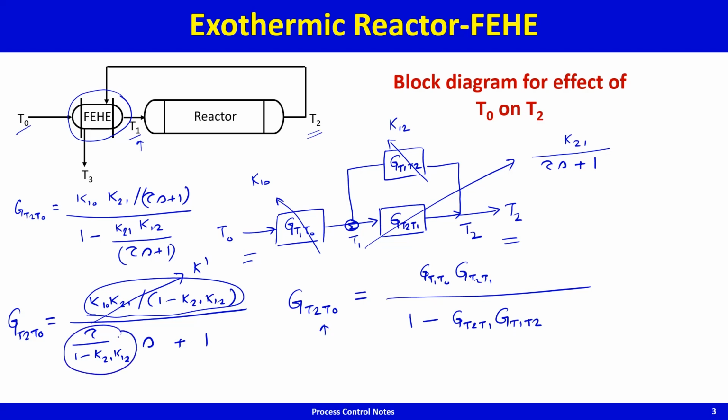This is the new time constant, this is tau prime, and you can see that K prime is much greater than K, and you can also see that tau prime is much greater than tau. And you can also see that if this product K12 K21 is greater than 1, then this term becomes negative, and therefore you get an unstable system.